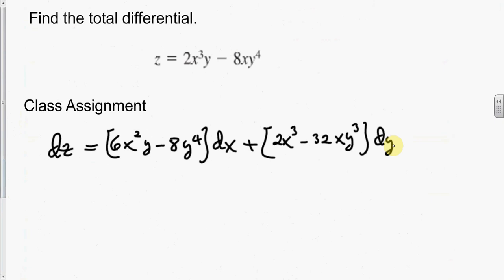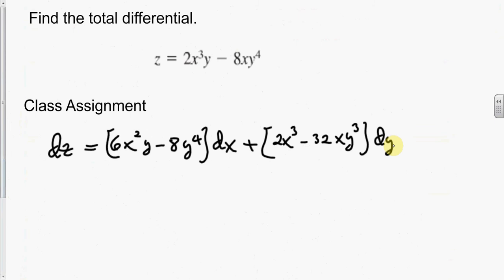Yep. Did you write your answer like that? That's not correct. Right. Okay.